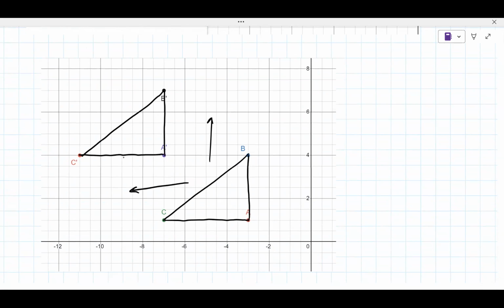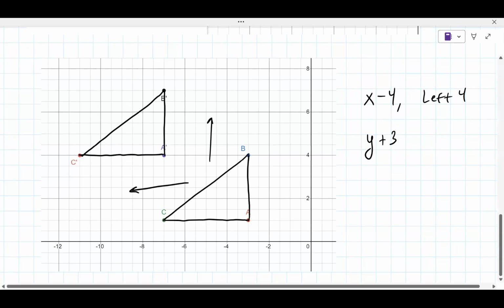So this x minus 4 means left 4, y plus 3 means up 3.